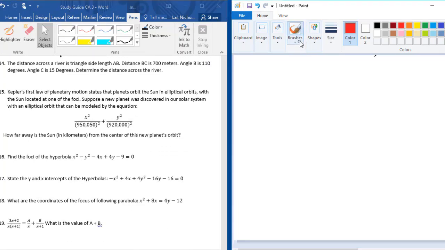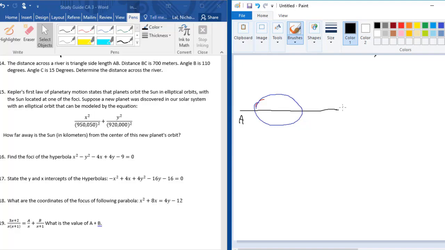Drawing our triangle, okay? The distance across the river is side length AB. So if we have a river, the distance across the river is side length AB.